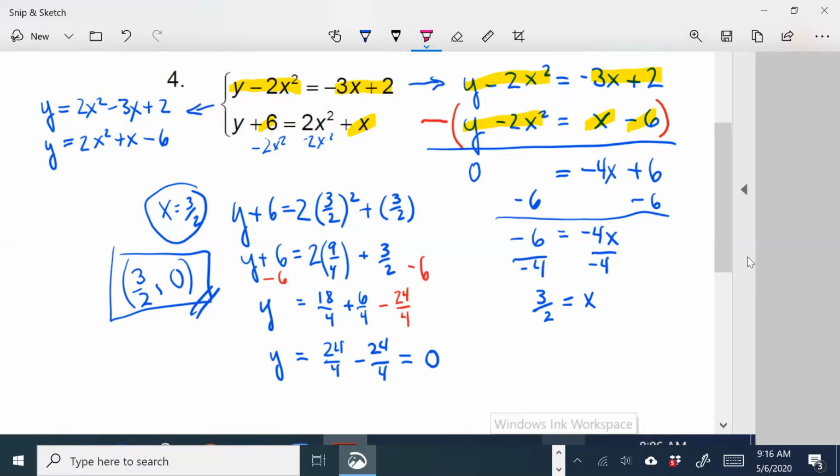But when I subtracted y minus y, that gave me 0. And that's fine. Negative 2x squared minus negative 2x squared becomes plus 2x squared, and those cancel. So that part's fine as well. 3x minus x is negative 4x, and that part's fine too. But when I subtract minus 6, it becomes plus 6. And 2 plus 6 is not 6. It's 8.